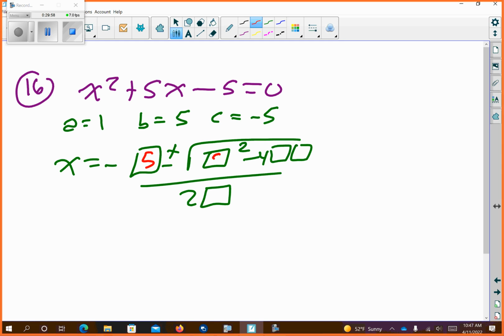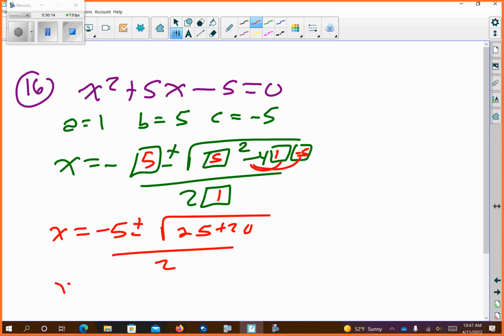So 5, 5, 1, negative 5, and 1. 25 squared. That's going to give me negative 4. Negative 4 times negative 5 is positive 20. So x equals negative 5 plus or minus root 45 over 2.